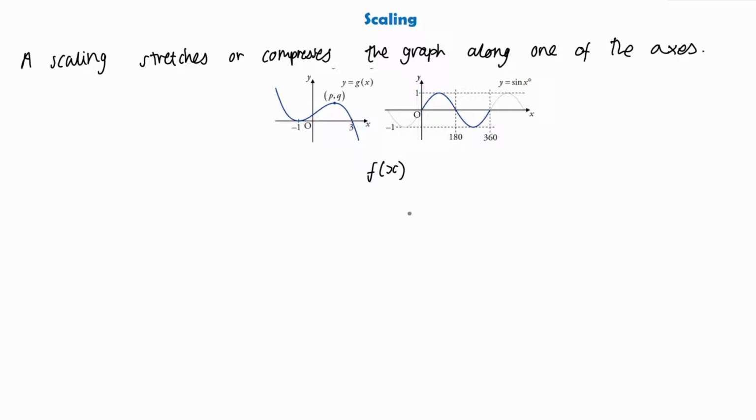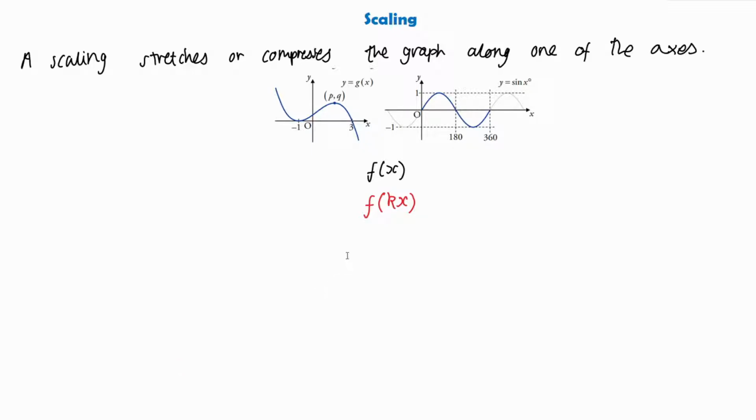So we're going to do the exact same thing here, except we're going to be looking at scaling horizontally this time. And as you can imagine, instead of the k being outside the bracket, the k is going to be inside the bracket. So if we take a function f of x, and let's say we multiply x by a value k, so f of kx, this time this is going to scale the graph of f of x in the horizontal direction.